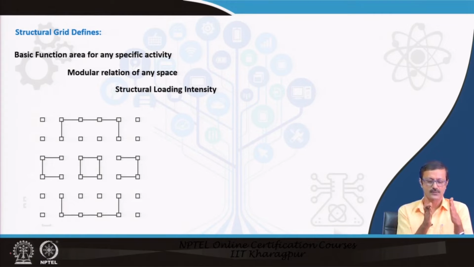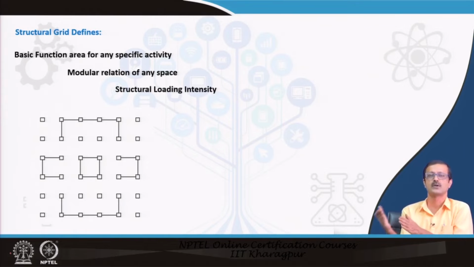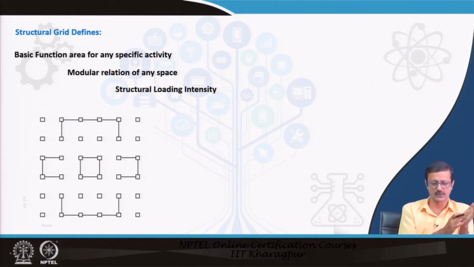So, if you clearly indicate that is the library zone, definitely the grid size has to be different compared to, suppose, a computer lab, or a conference room, where the density of furniture is quite less compared to the library, or compared to some kind of heavy equipment storage area.